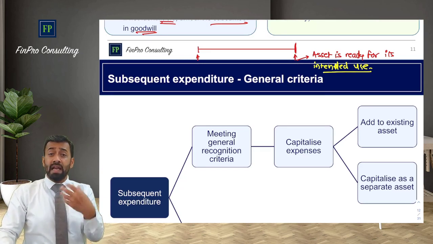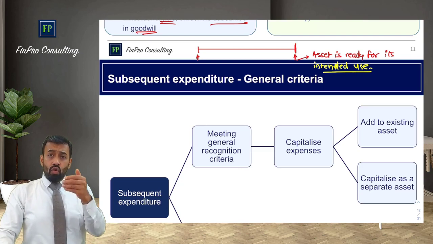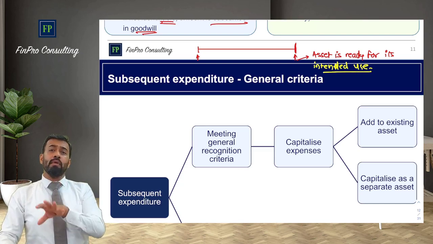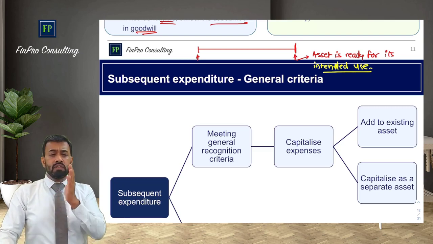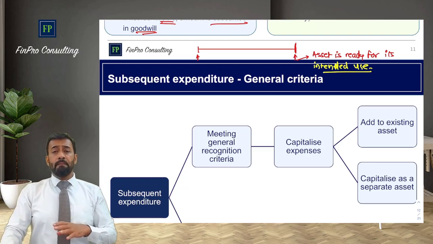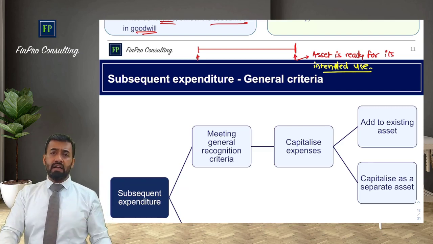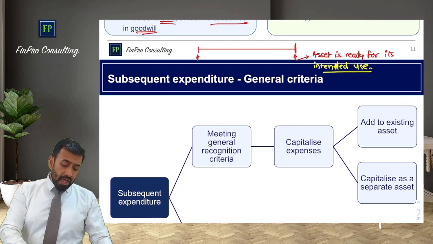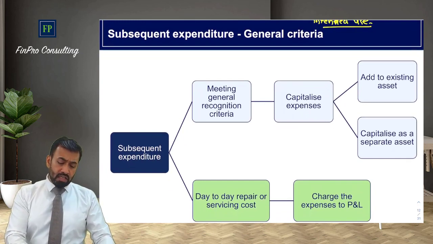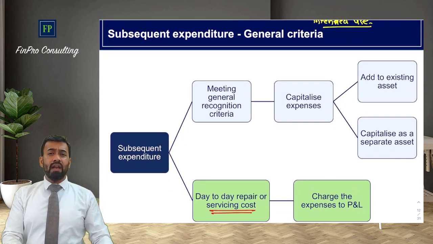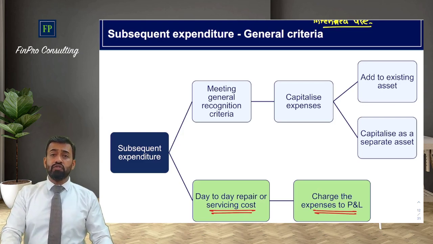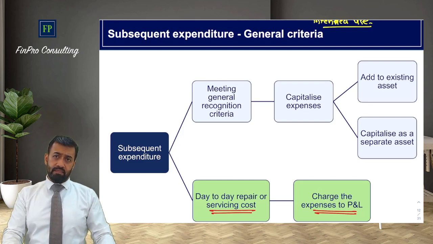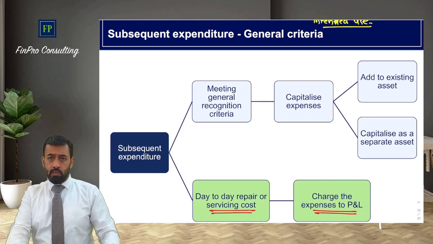That's the conclusion, because directly attributable are those expenditures which are incurred to make the asset usable. Where the asset is ready for its intended use, the subsequent expenditure will not be considered as directly attributable, and that's why it is not capitalizable. And that's why subsequent expenditure is classified as generally day-to-day repairs and maintenance costs. Those are charged to P&L as expenditure on an ongoing basis. Correct? Because these are not directly attributable.